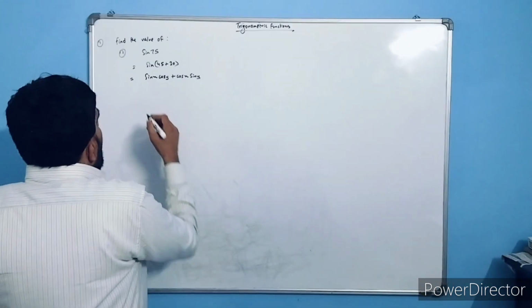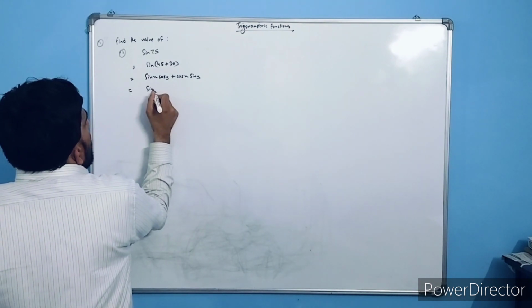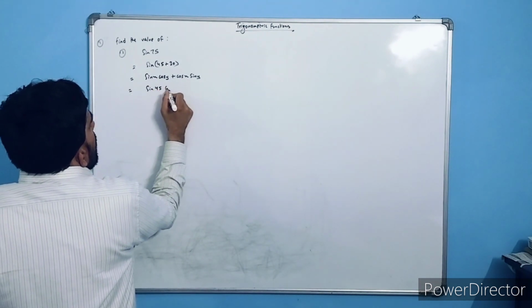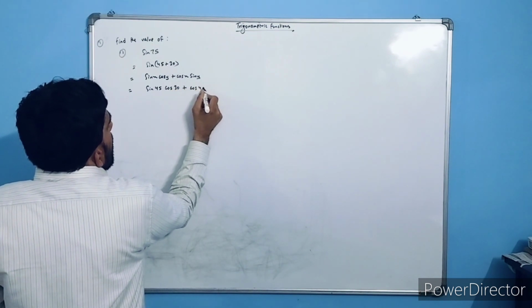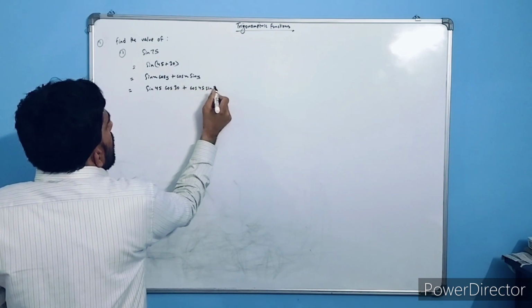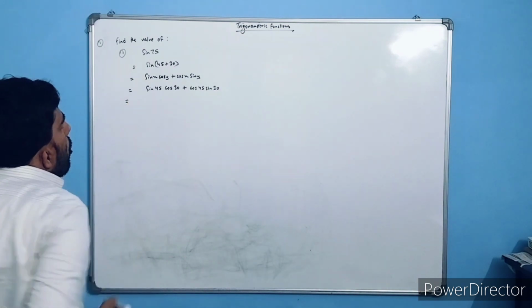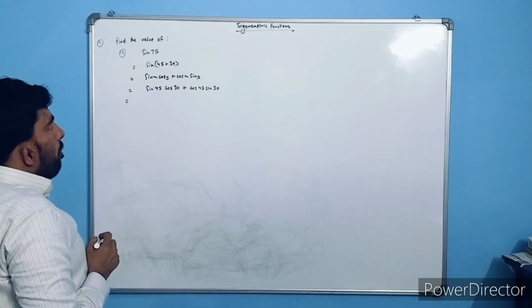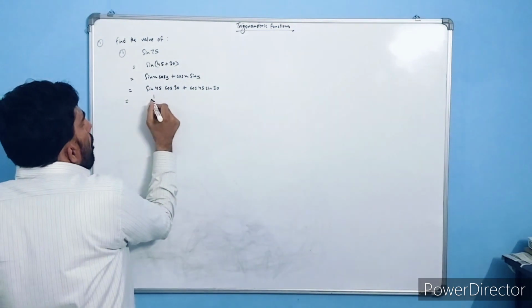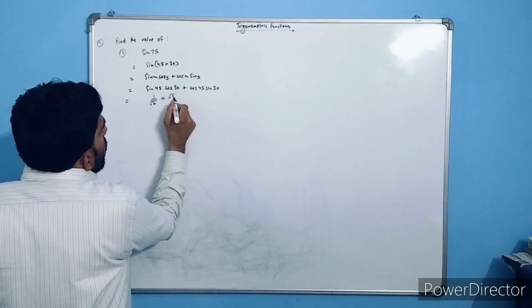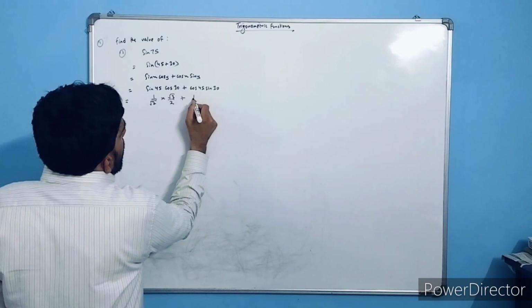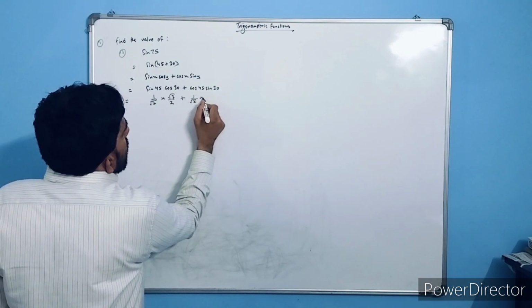So let us see how we are able to do it. Sin 45 cos 30 plus cos 45 sin 30. So now how are we able to solve? Write the values. Sin 45 is 1 upon root 2 into cos 30, that is root 3 upon 2, plus cos 45, 1 upon root 2, into sin 30, which is half.